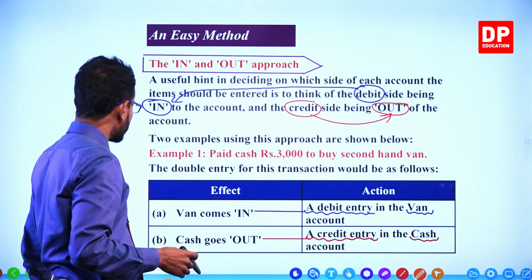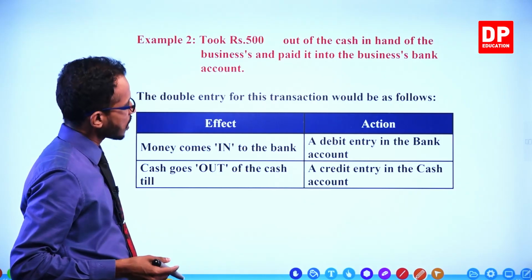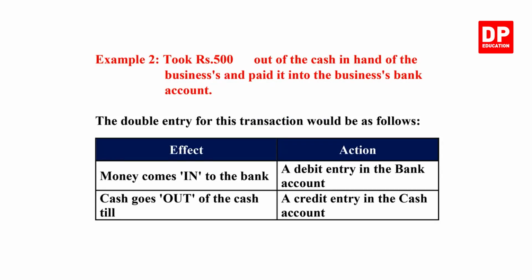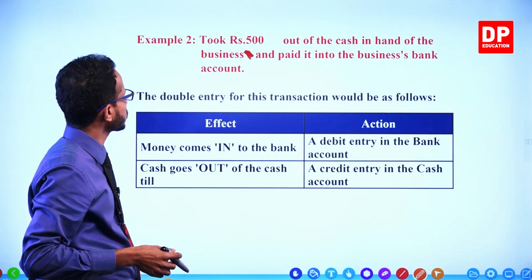Any more? Example 2. Took 500 out of the cash in hand of the business and paid it into the business's bank account.